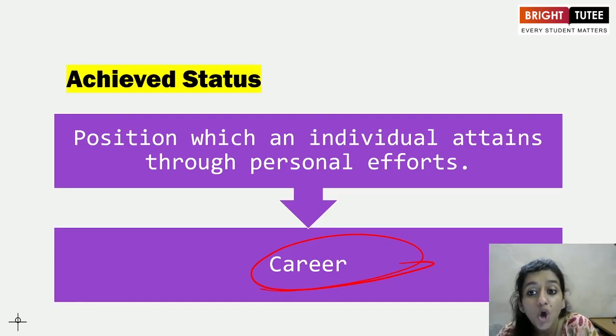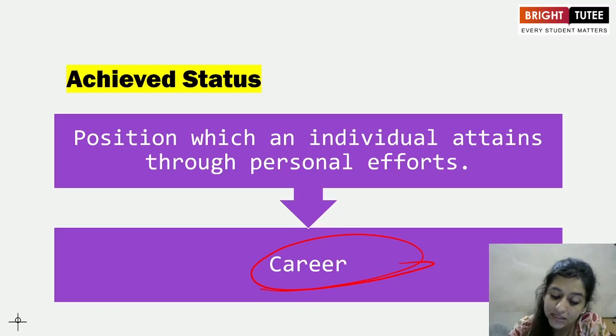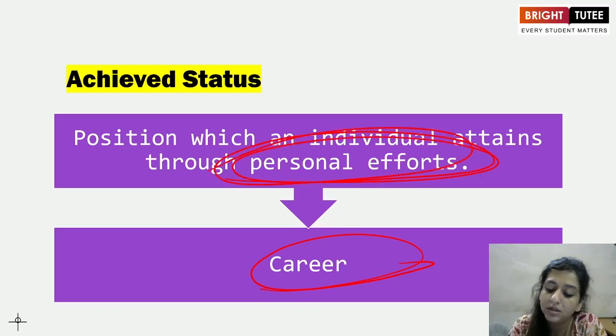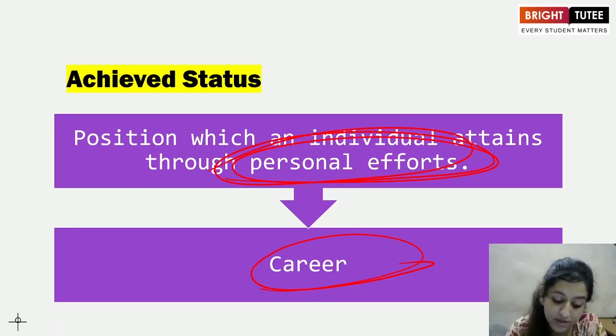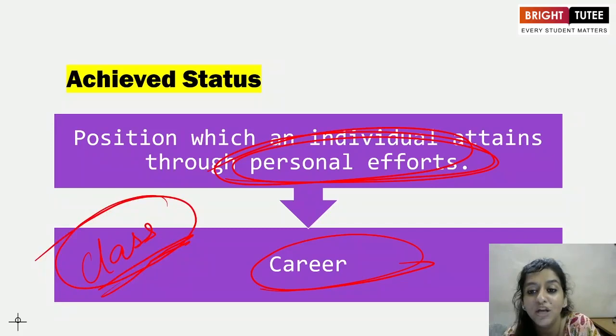It has nothing to do with your birth, the kind of class, or the kind of setup that you are born in. It is definitely based on the personal efforts that the person puts in, and hence achieves it. Given an example of achieved status, your class is an achieved status.